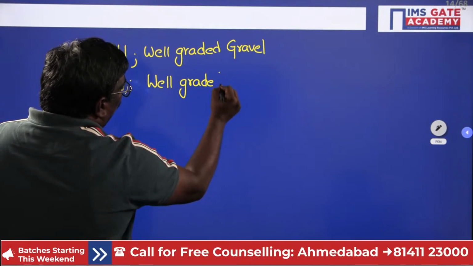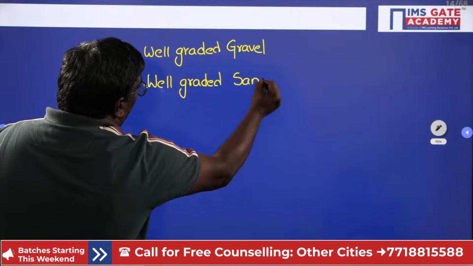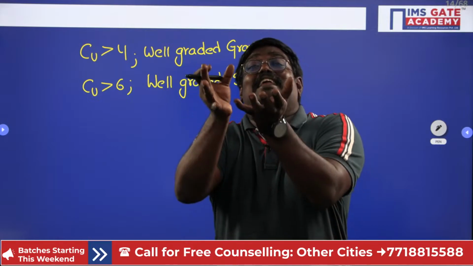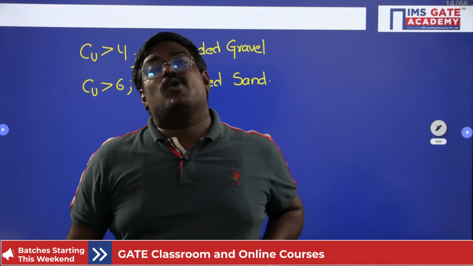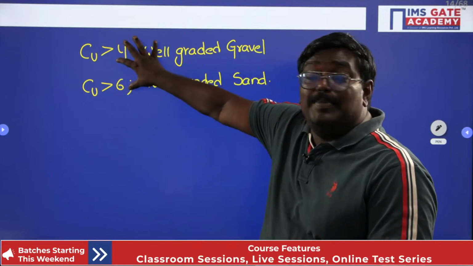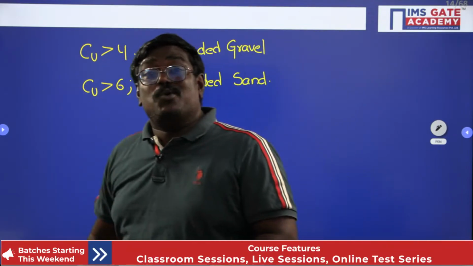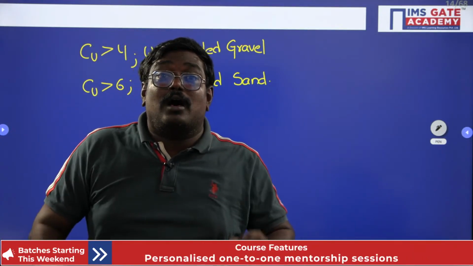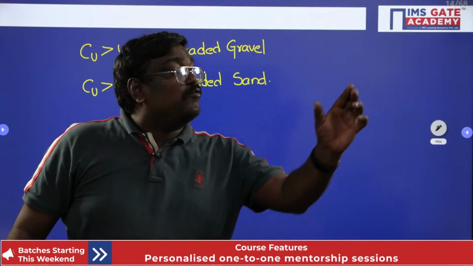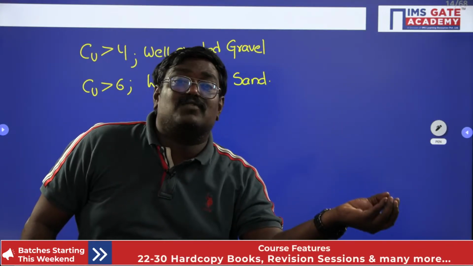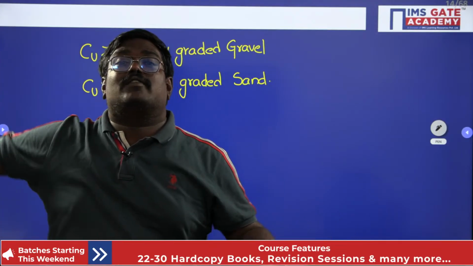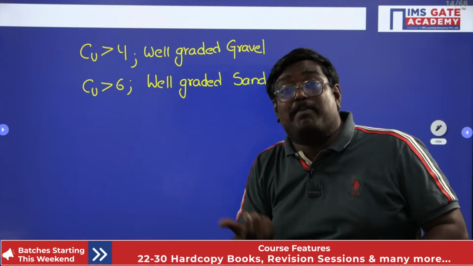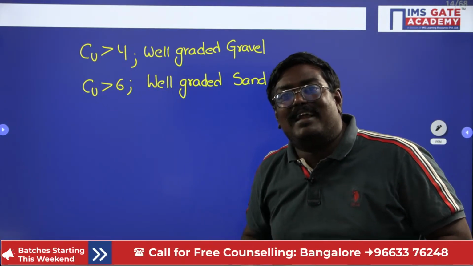When you tell whether the soil is well-graded or not, on what basis are you going to tell? For that, you will be studying the Cu. What is Cu? Coefficient of uniformity. It gives you an idea about the particle size range, from the minimum size of the soil particle to the maximum size of the soil particle. So the coefficient of uniformity will give you an idea about the particle size range, my dear student.